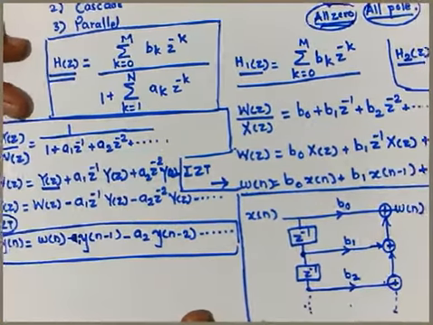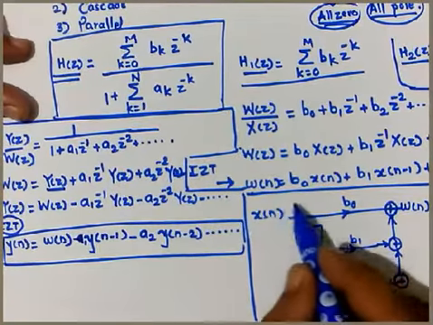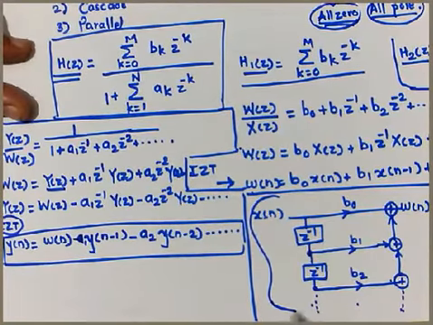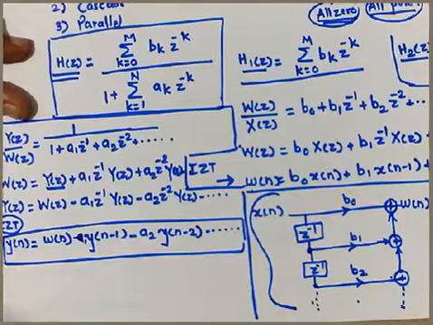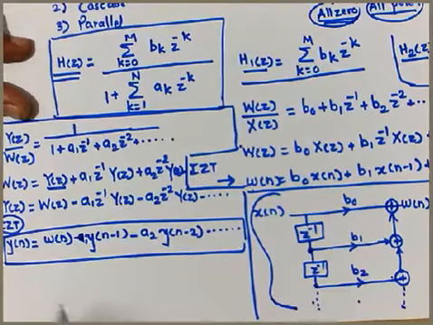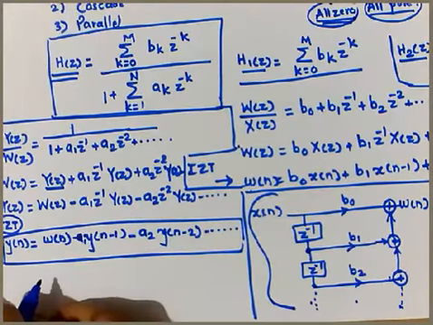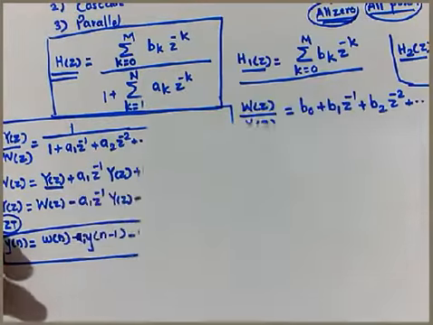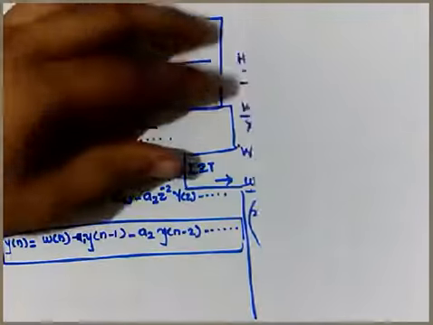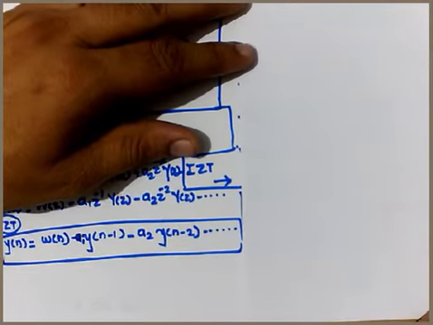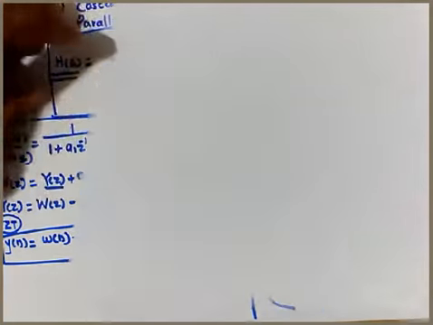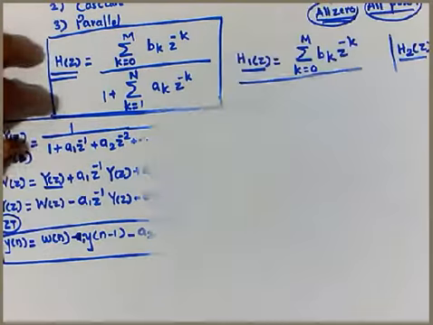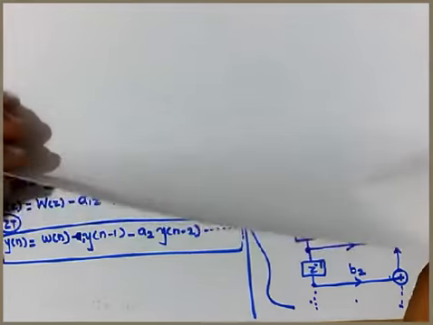Now with respect to this equation, as we have seen over here at this particular part, all zero system, with respect to this equation let's plot the all pole system. So for plotting the all pole system, let me just plot it here itself so that it will be well understood, with the help of the equation.